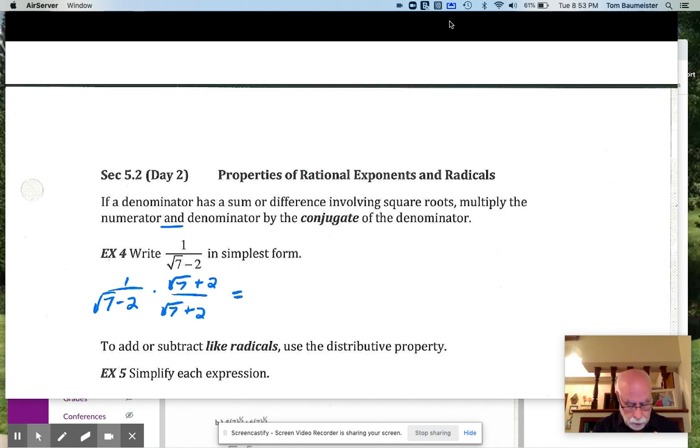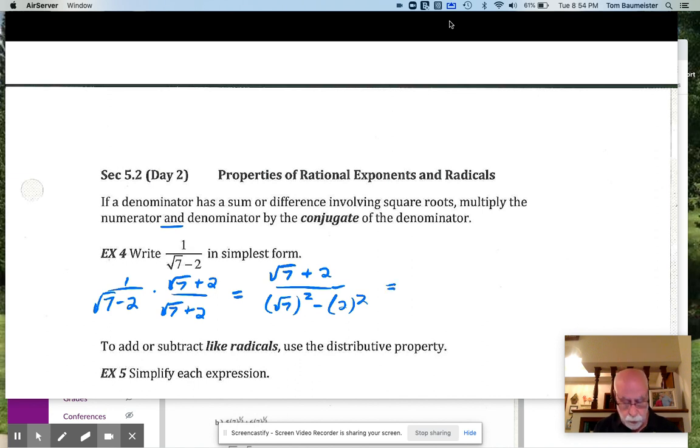So on the top here, we know that we're going to have the square root of 7 plus 2. On the bottom, I just told you, a difference of squares. So we're going to get the square root of 7 squared minus 2 squared.